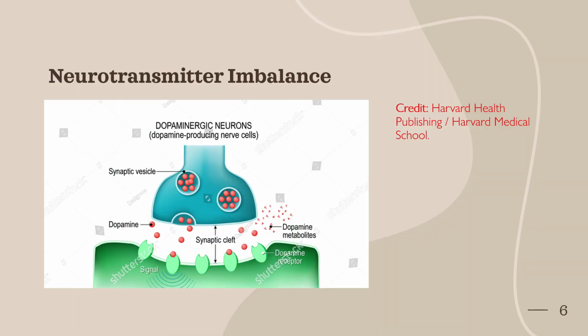To understand the big changes, we need to start with the smallest parts, which are the neurons. These are the physical wires of the brain, and there are billions of them, forming a massive network.